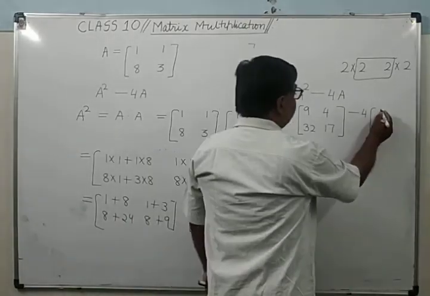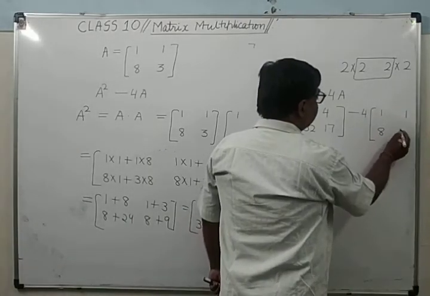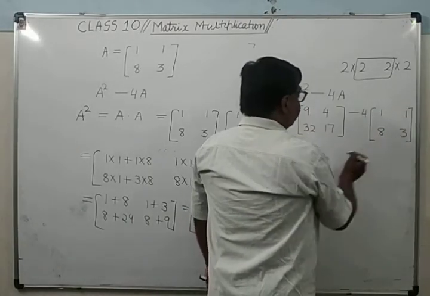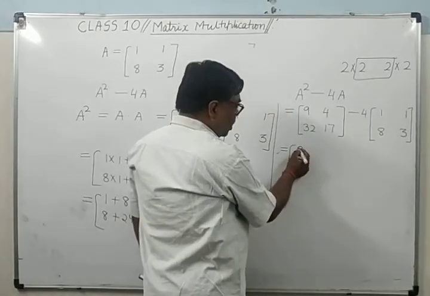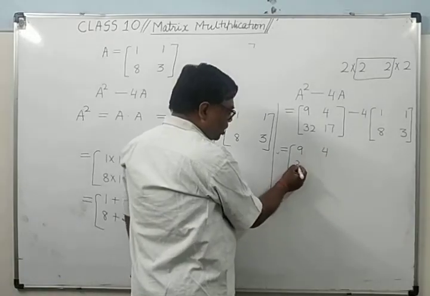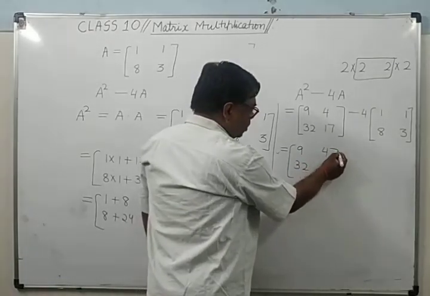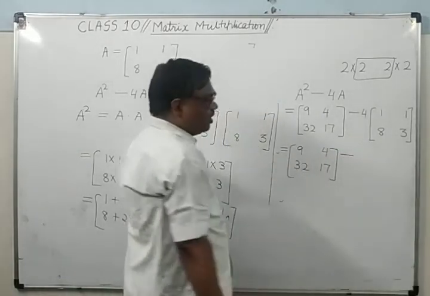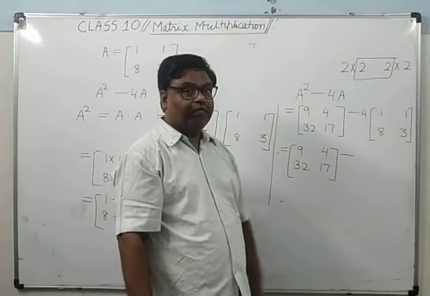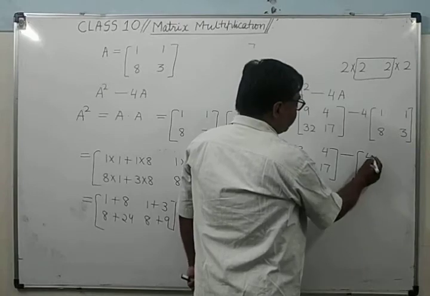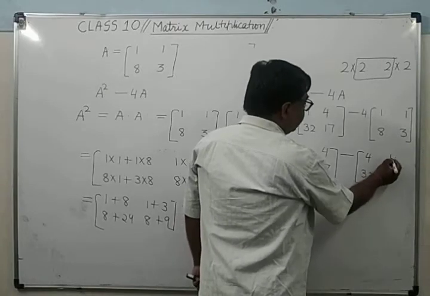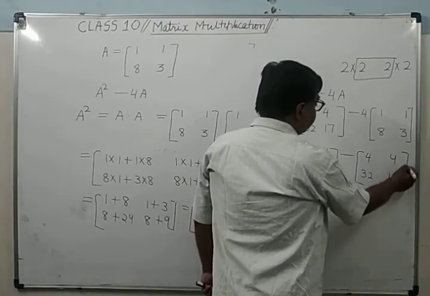What is the A matrix? It is [1, 1; 8, 3]. Now what will you do? Here you see [9, 4; 32, 17]. You keep the minus sign here only and multiply with 4. When we multiply by 4, we get 4, 4, 32, 12.